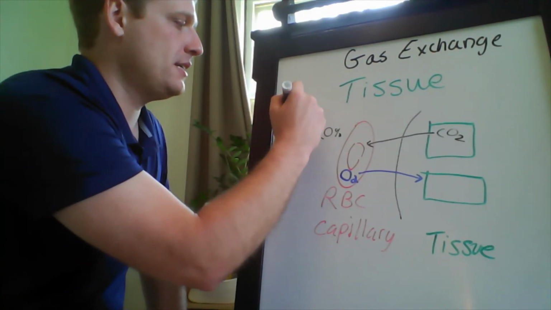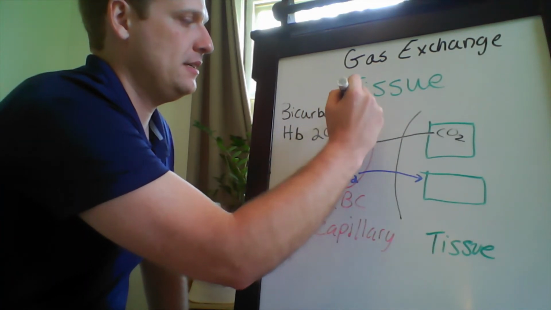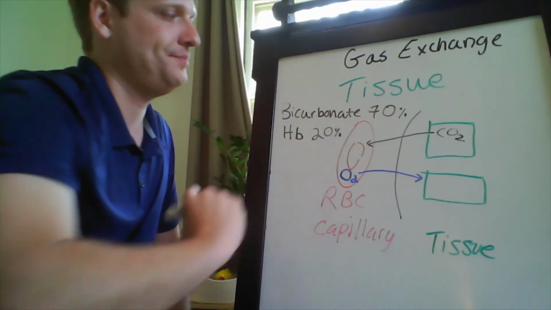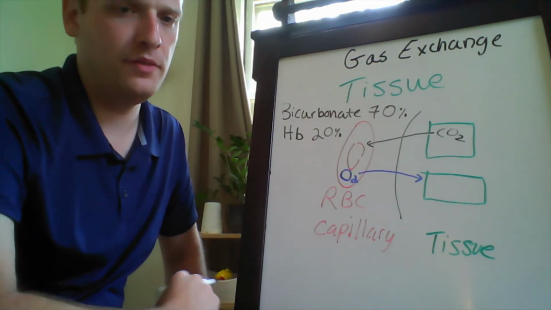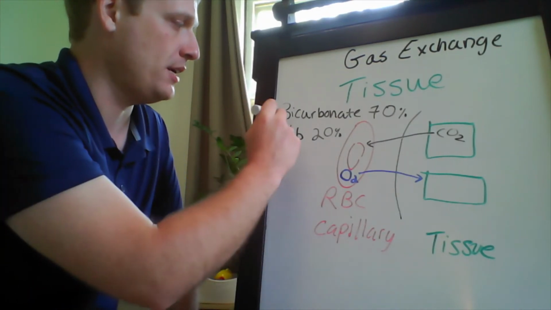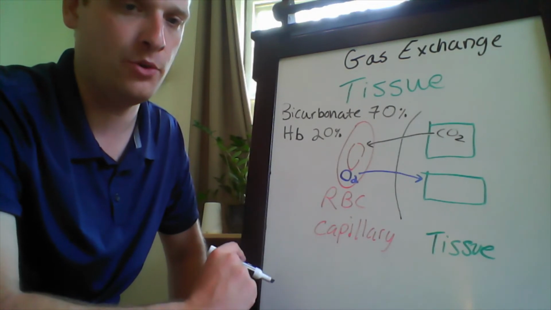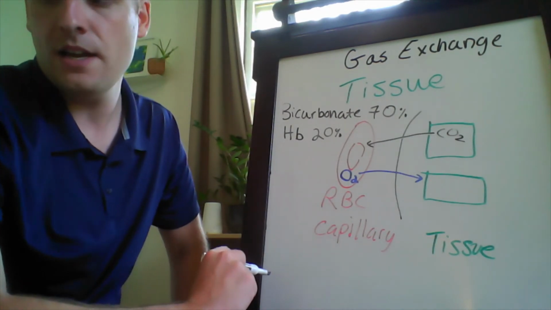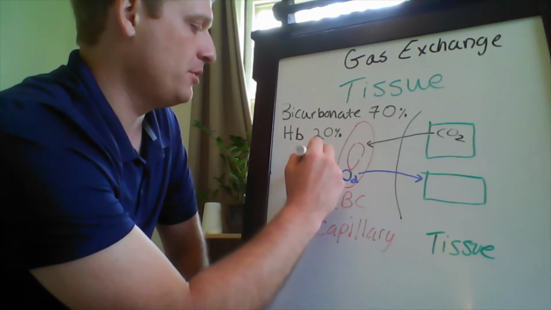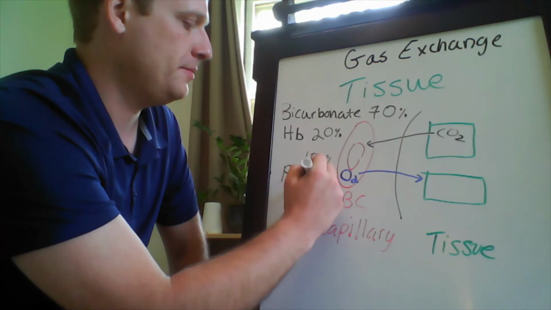Most of it is going to be in the form of these bicarbonate ions. So that's about 70% of the carbon dioxide that's transported in your blood is actually transported as this substance that is called bicarbonate. And we'll talk about that more in just a second. And then the remainder is about 10% that's simply dissolved in the plasma.